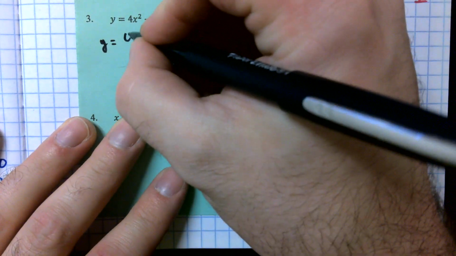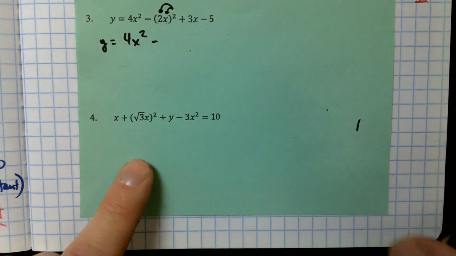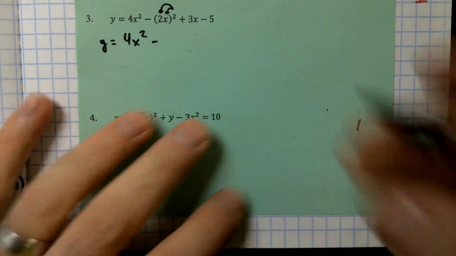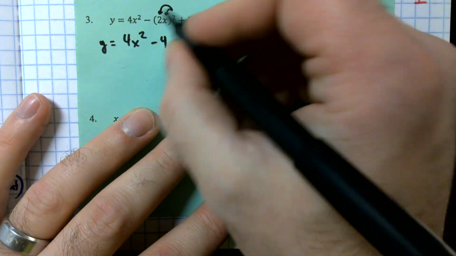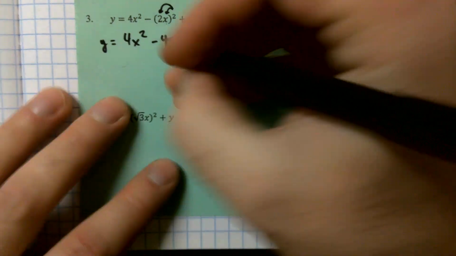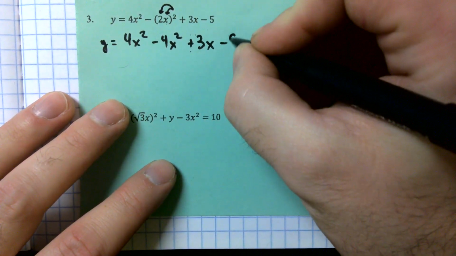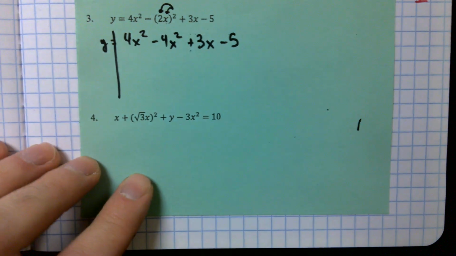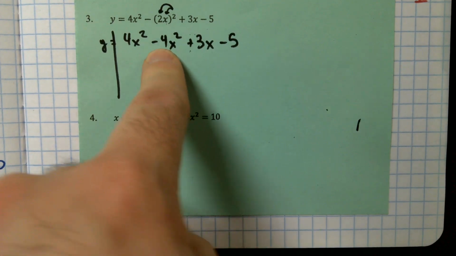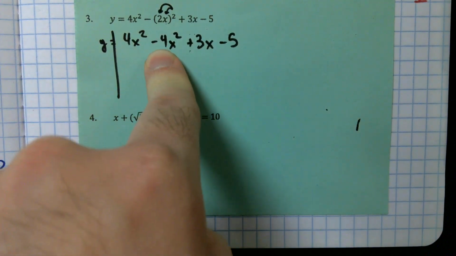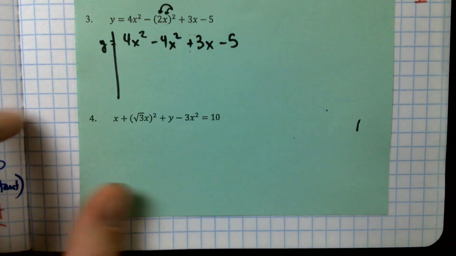So we get y is equal to 4x squared minus, what's 2 squared? 4. And what's x squared? x squared plus 3x minus 5. So we got that out of the way. If we forget to distribute that exponent to the coefficient 2, then we're going to have a big issue.